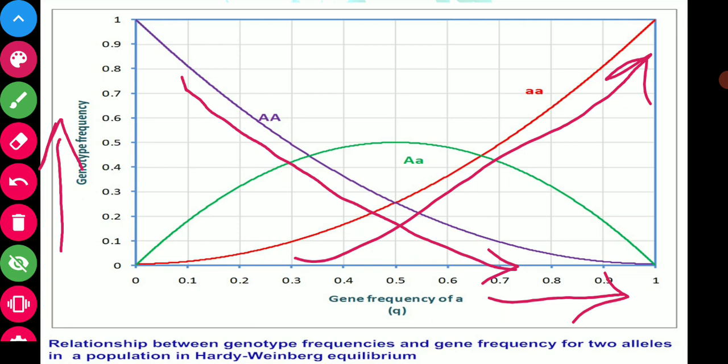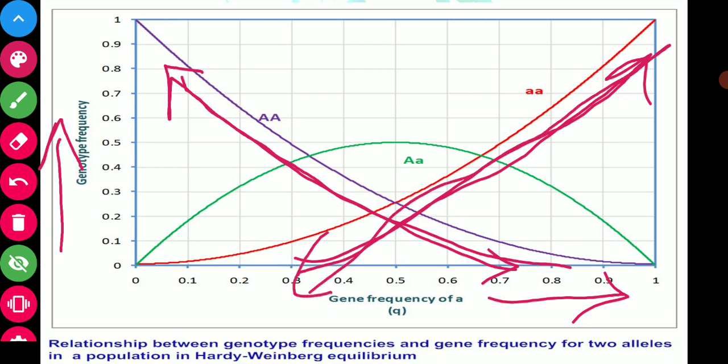In the same line, in genotypes also, if the dominant homozygote genotype is increasing, then the recessive homozygote genotype is decreasing.